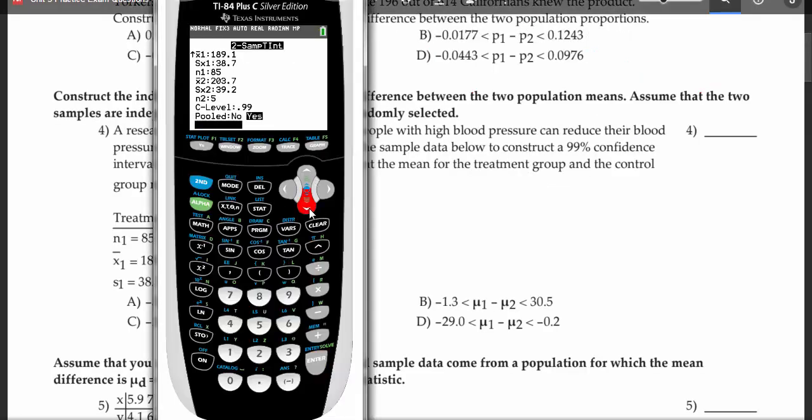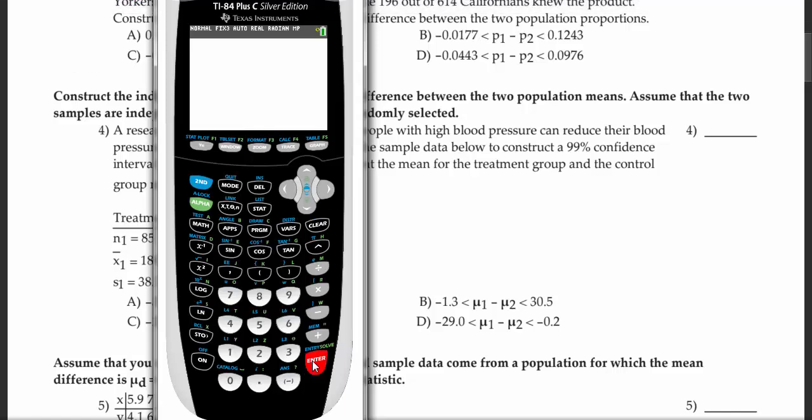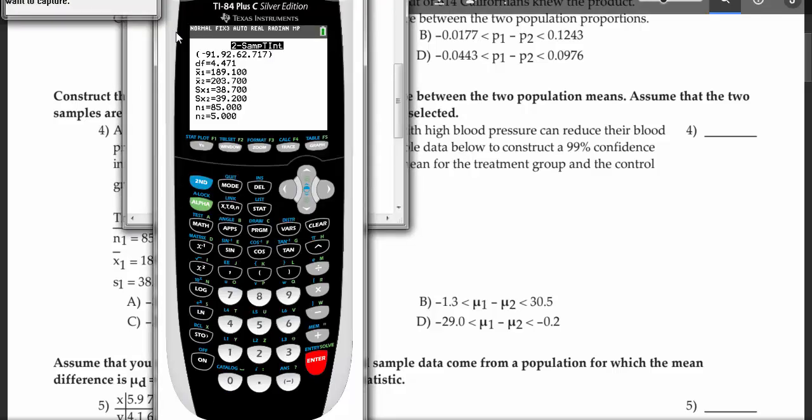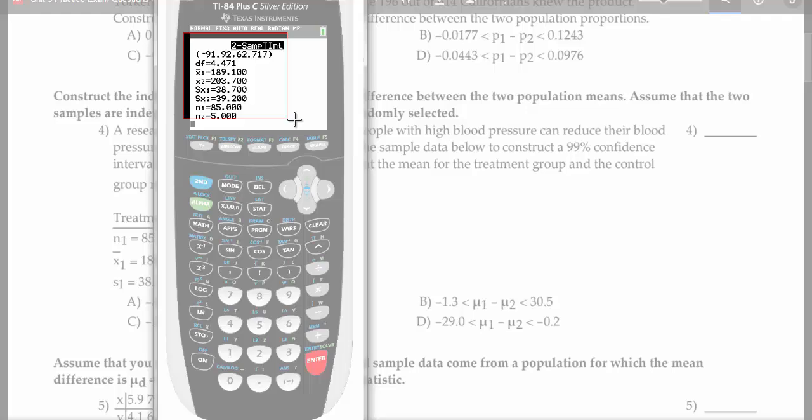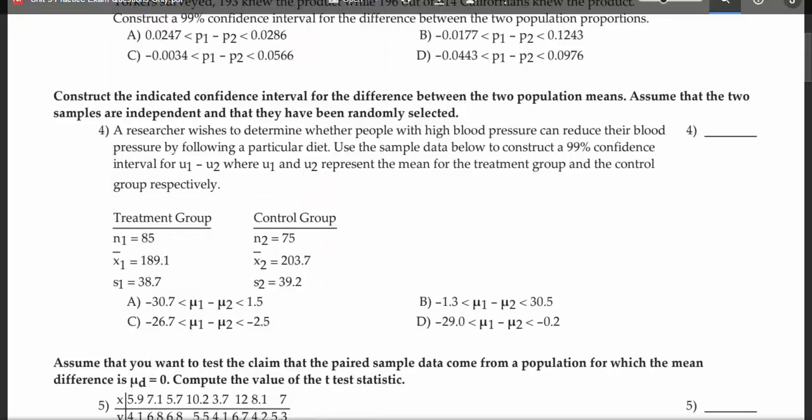And let's go ahead and calculate. This is my information that's going to come up in my confidence interval, right at the top. A lot of this is just summarizing the data that I already put in.